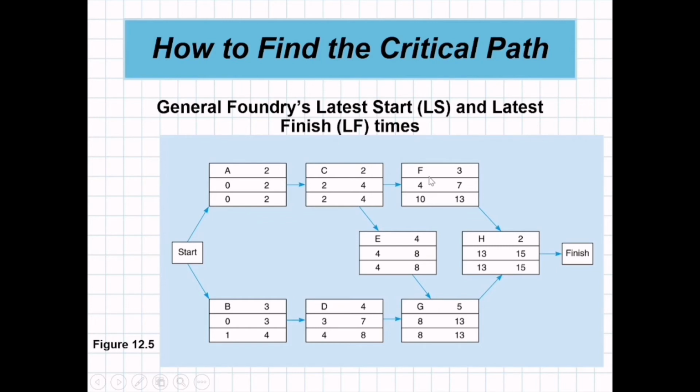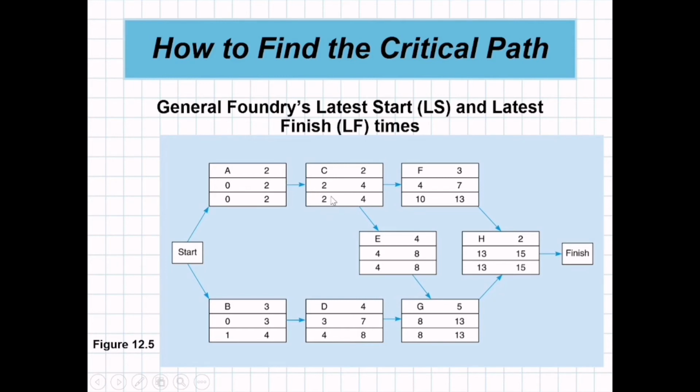But as you can see, class, for letters F and E, we have two predecessors. So we will get the smallest latest start. The latest start for activity F is 10, and the latest start for activity E is 4. Since we will get the smallest, we will consider 4. So we'll put the 4 here, minus 2 is equal to 2.